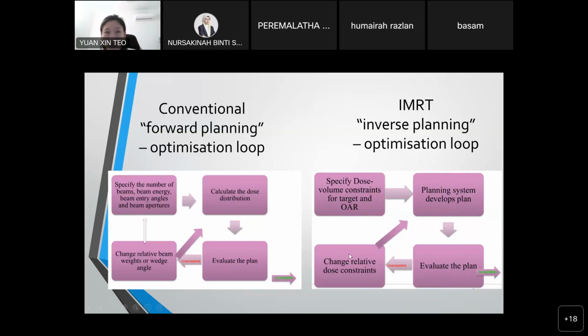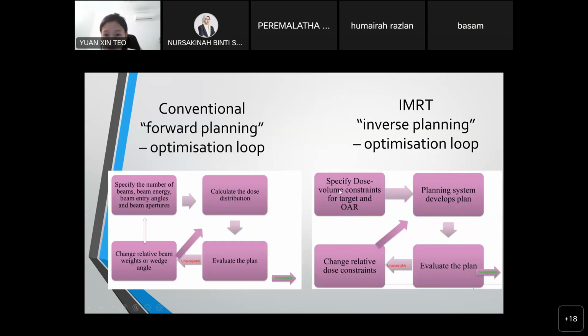The difference from 3D, where you change the beam weighting or add in the wedge, is that in IMRT planning we can't adjust the beam weighting or add in the wedge. There are also no options for you to do that. We will only need to change the relative dose constraint.